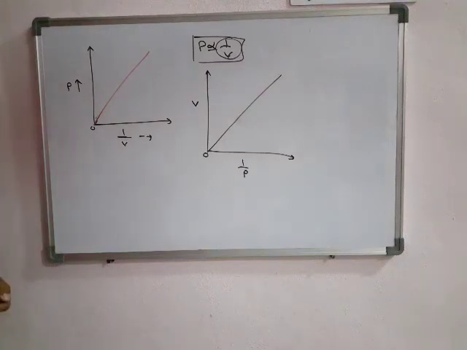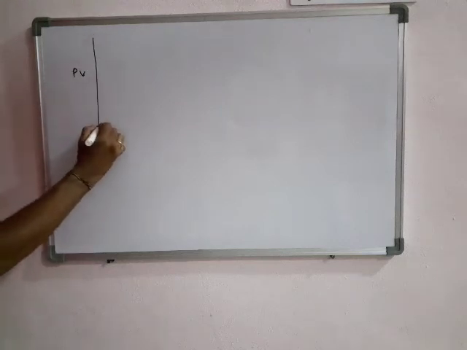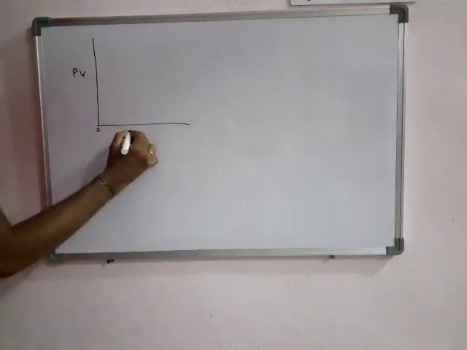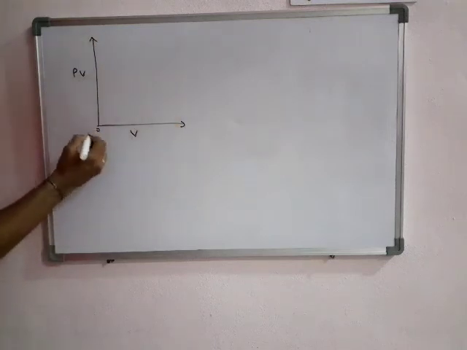Okay, next. See the other isotherm, PV and volume. What will be the shape of the graph?